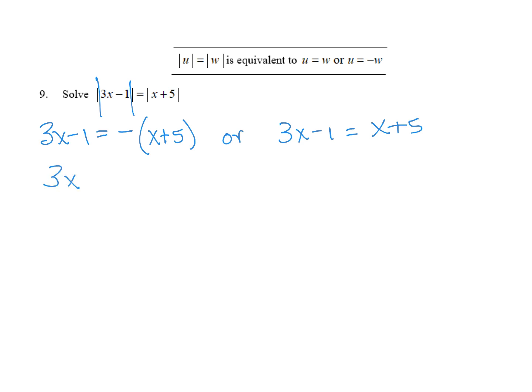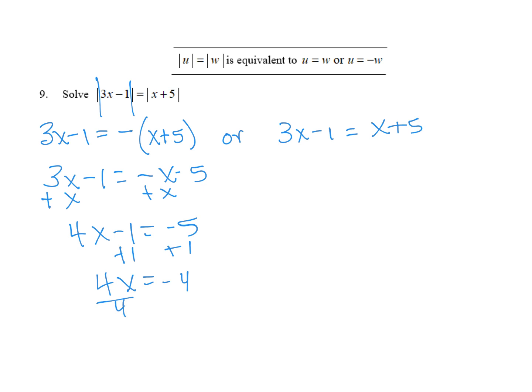So on the left, 3x minus 1 equals negative x minus 5. Say it right. And then we're going to move the x's to the left by adding an x. And then we're going to move our constants to the right by adding 1.